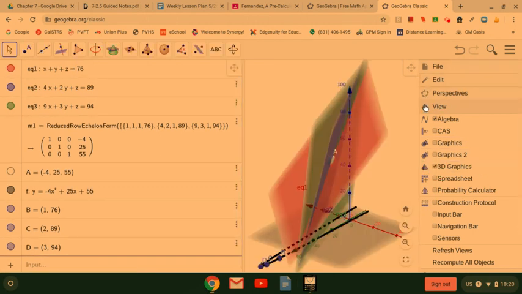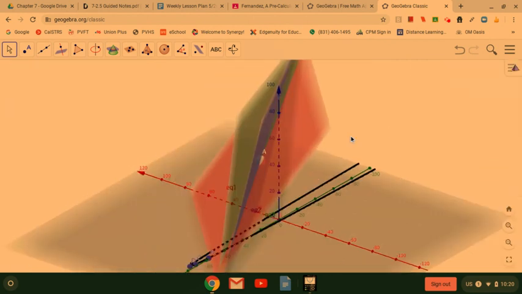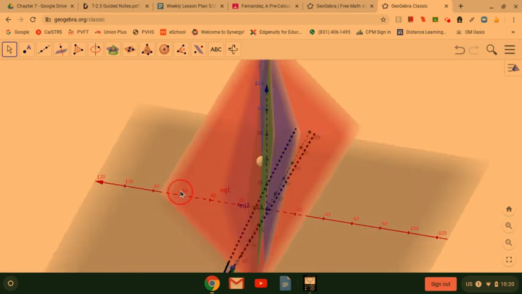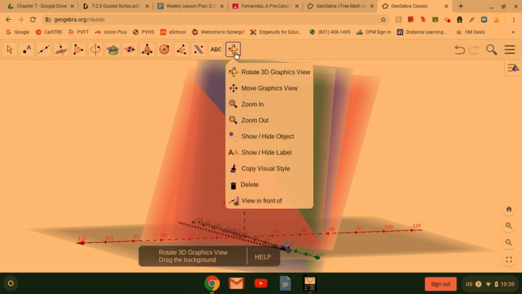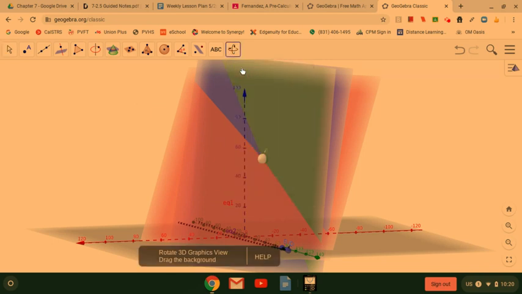And in fact, we can just turn off the algebra too, because we don't really need that anymore. And let's leave this one on. All right, so I can kind of start the rotation, I think. I won't rotate. Oh, you can go up here, rotate graphics view.